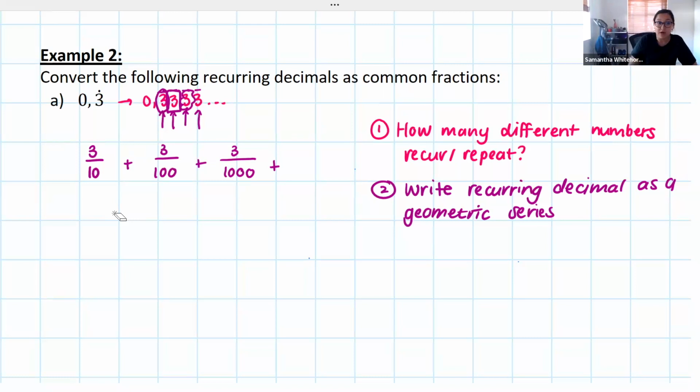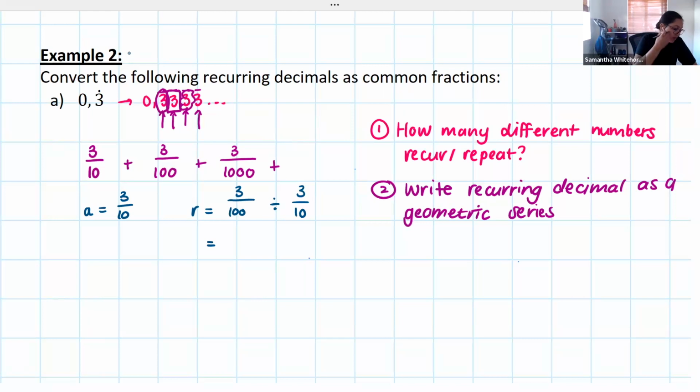But what I have now is a geometric series. It's getting increasingly smaller, so it will have a sum to infinity. Hence, we can write it as a common fraction. And now we can do exactly the same thing. We want to work out our A value, which we know is 3/10. We need to work out our R value. Remember, it'd be term 2 divided by term 1.